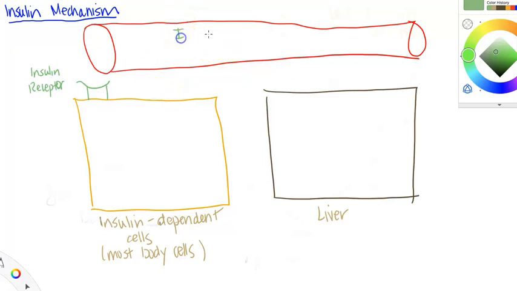So we have our insulin coming around in the blood, and we have glucose, which is floating around the blood. Okay, in an insulin-dependent cell, there is no way for the glucose to get in the cell.